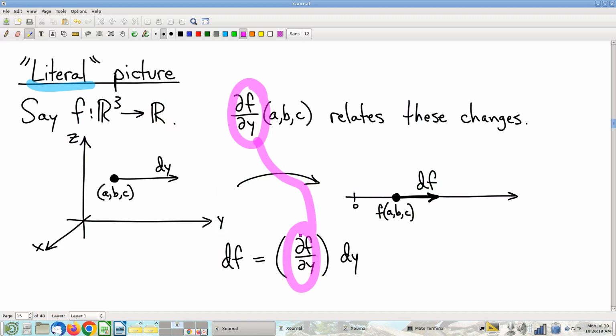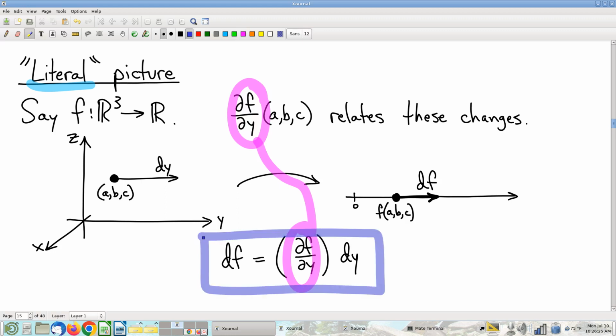Derivatives in general, again, relate input changes to output changes, right? Old fact about derivatives. This is a statement about single variable derivatives, because the very first thing we do when defining a partial derivative is say, I'm going to view this as a single variable function. And so this partial derivative is a relationship between input changes and output changes.